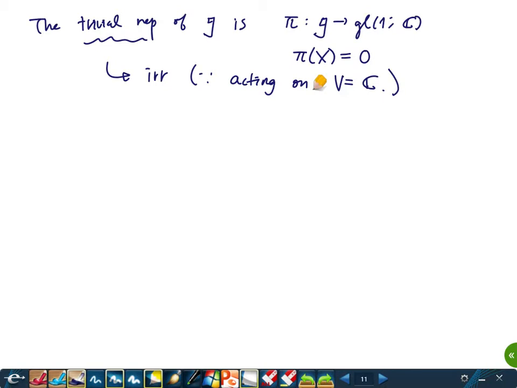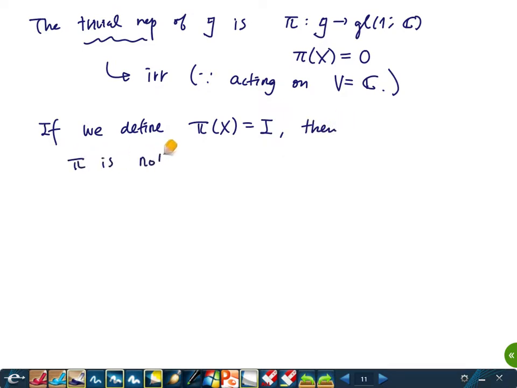You may wonder why we have to set this to be 0 instead of the identity as before. If we try to define pi of x to be the identity as before, then pi is not a Lie algebra homomorphism.